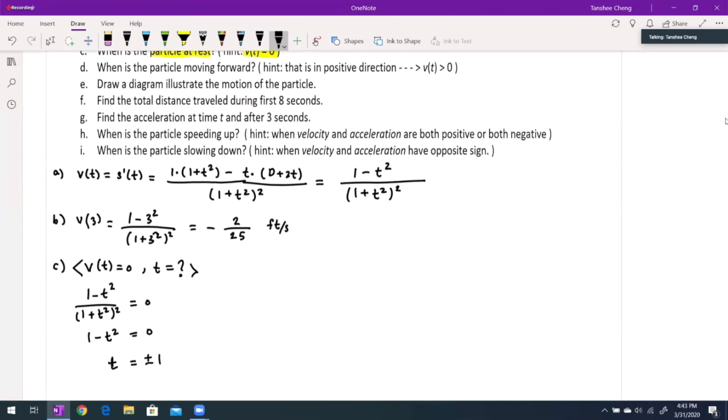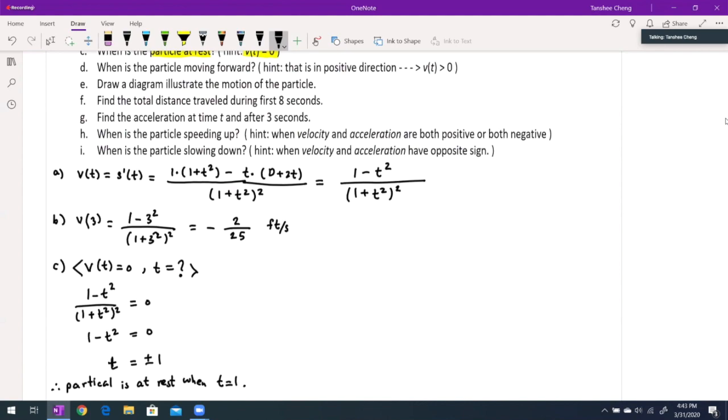We don't have negative time, so my answer is the particle is at rest when t is equal to 1, which is after 1 second.